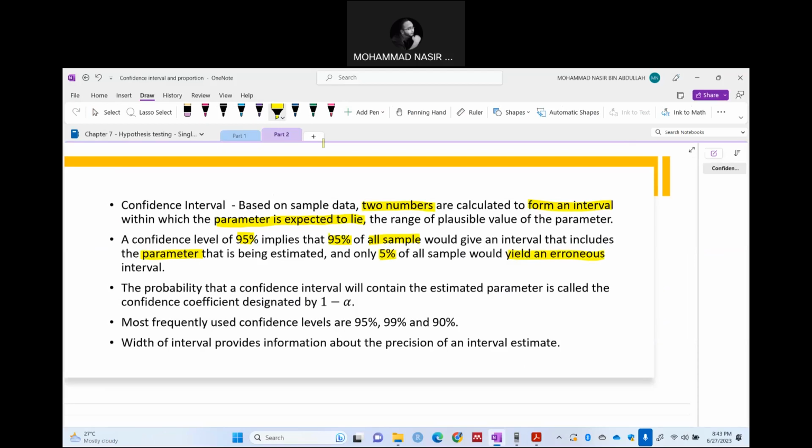We want 95% and above confidence that our estimate will be correct. The probability that the confidence interval will contain the estimated parameter is called the confidence coefficient, designated by 1 minus alpha, which is 95%, 99%, or 90%.